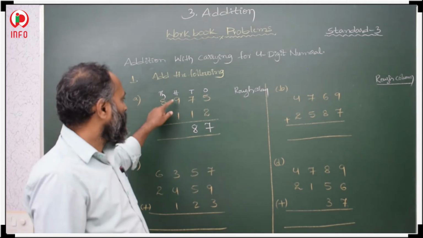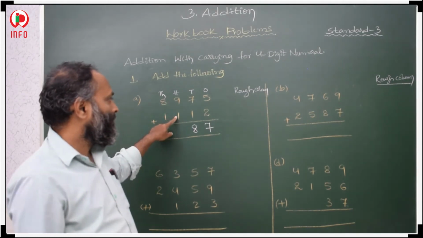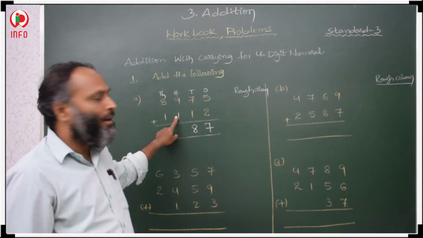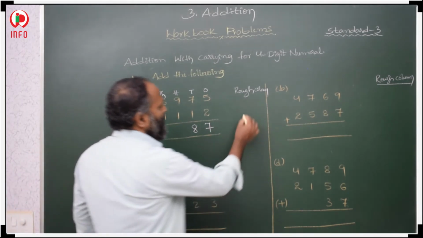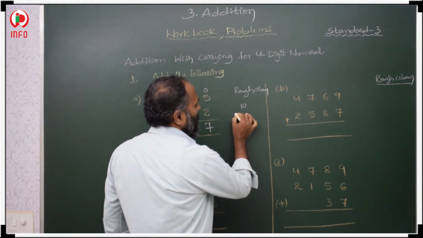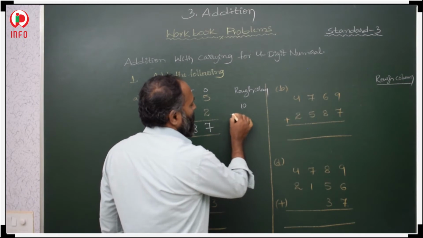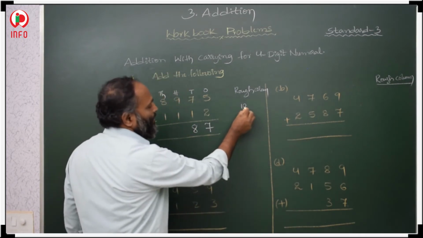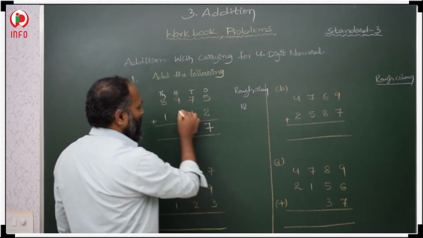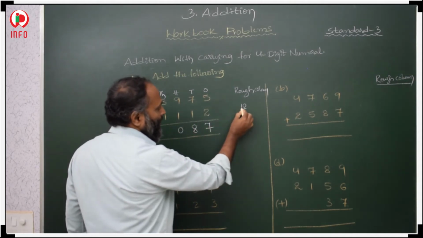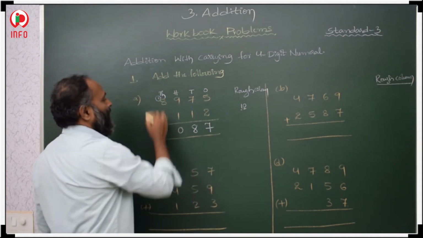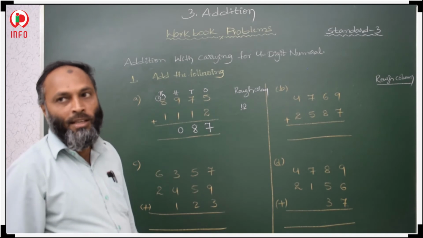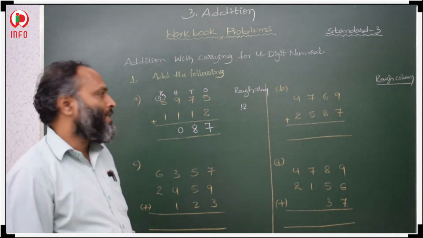Then 9 plus 1, how much? 10. So write here 10 hundreds. 10 hundreds means this 0 you keep in the hundreds place, and the second digit you have to keep in the very next place, that is the thousands place.